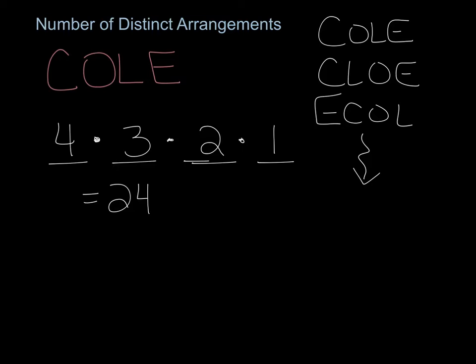Now, when you take a number and you multiply it by everything below it, that's called factorial. 4 factorial is 4 times 3 times 2 times 1.